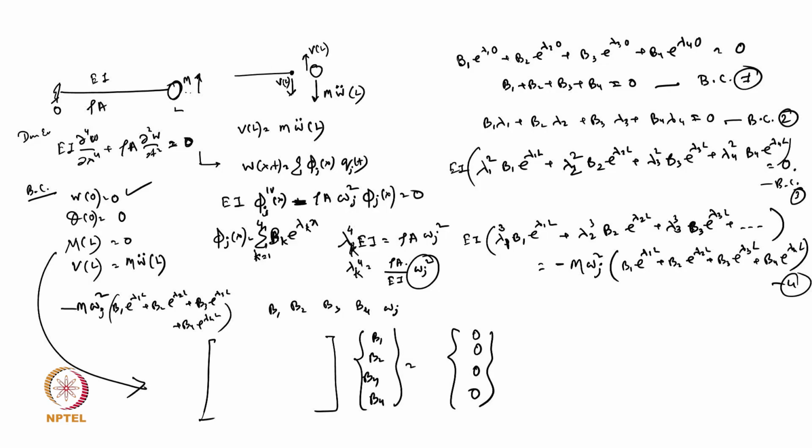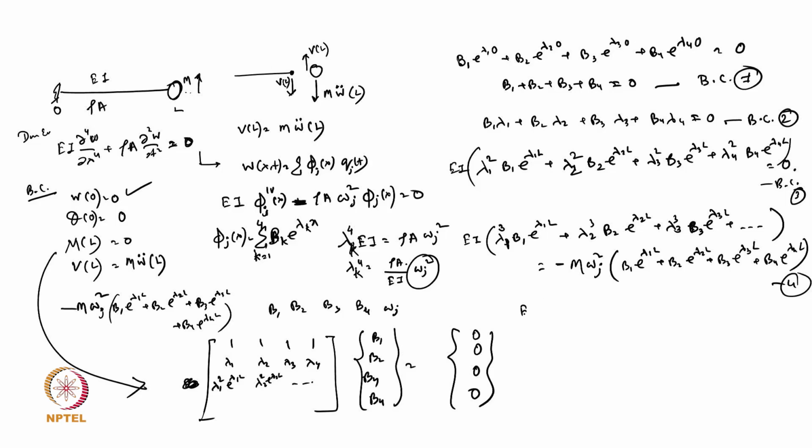Yes, so we can make it like this way, simple, so that we can put it 1, 1, 1, 1. Our first equation done. Second equation will be lambda 1, lambda 2, lambda 3, lambda 4. First equation done. Third equation will be EI is multiplied here with, oh no, EI is not required, EI is gone. So lambda 1 square e to the power lambda 1L, lambda 2 square e to the power of lambda 2L, like this way. And the next one, that is interesting.